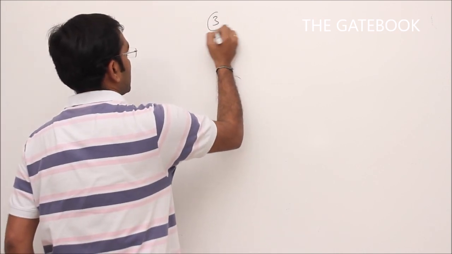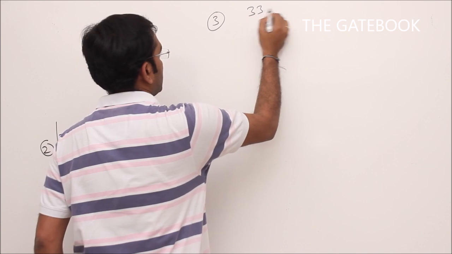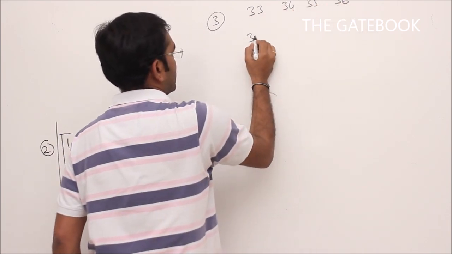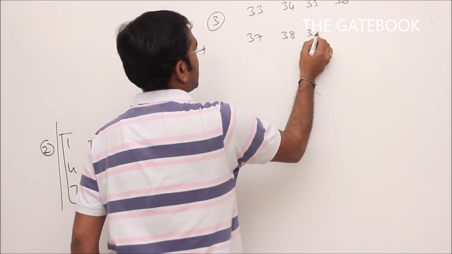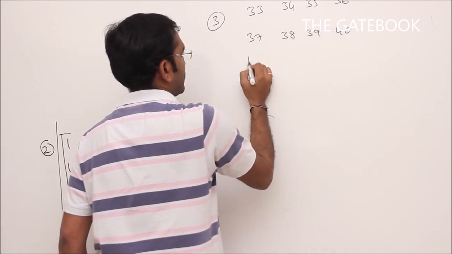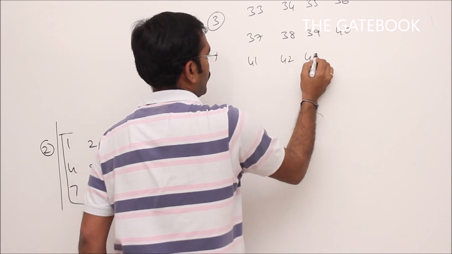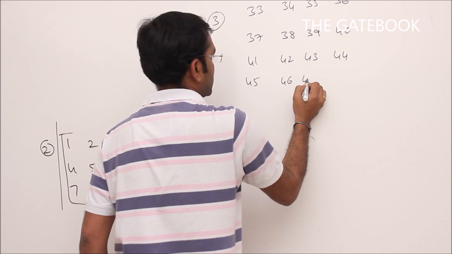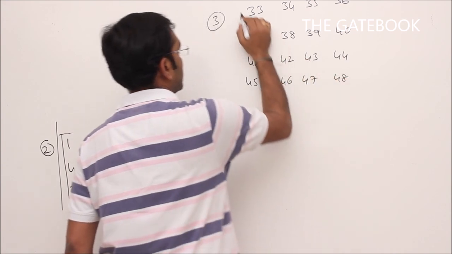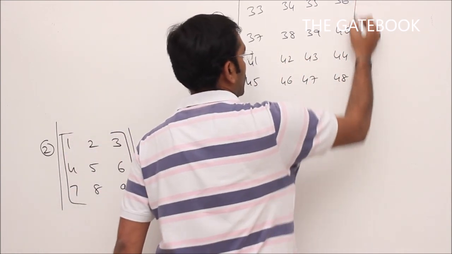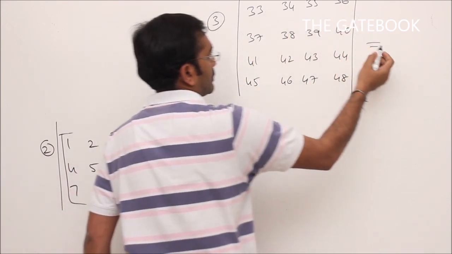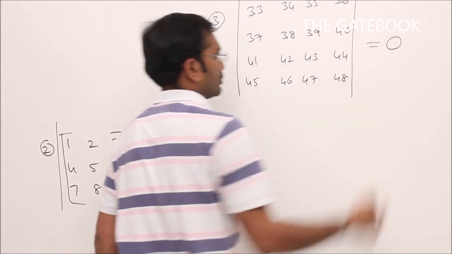Let us consider a third example: 33, 34, 35, 36, 37, 38, 39, 40, 41, 42, 43, 44, 45, 46, 47, 48. The 4 by 4 matrix, all the elements are in consecutive order, starting with 33. So the determinant of that matrix is 0.